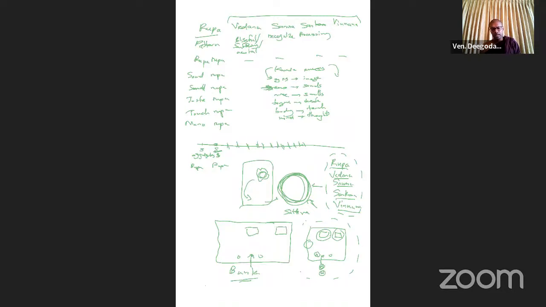Another important aspect is that in a timeline, we understood that when one Pancakkandha is being created, it gets destroyed, leaving room for another to be created.